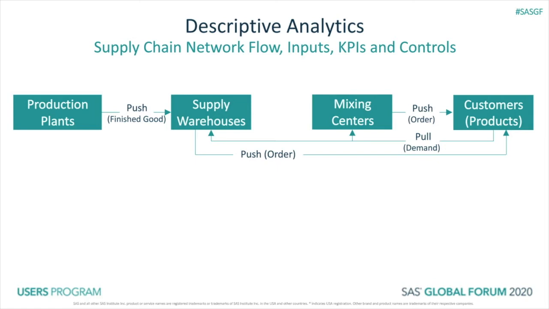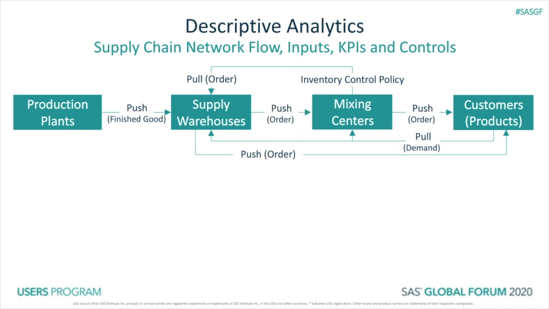Upon completion, they push the finished goods inventory into the supply warehouse, and we consider supply warehouses as being close to the production plants. And mixing centers, this is where we apply the inventory control policy. And this policy determines how often and at what size orders will be received from the supply warehouses so that mixing centers can pull inventory from the supply warehouses.